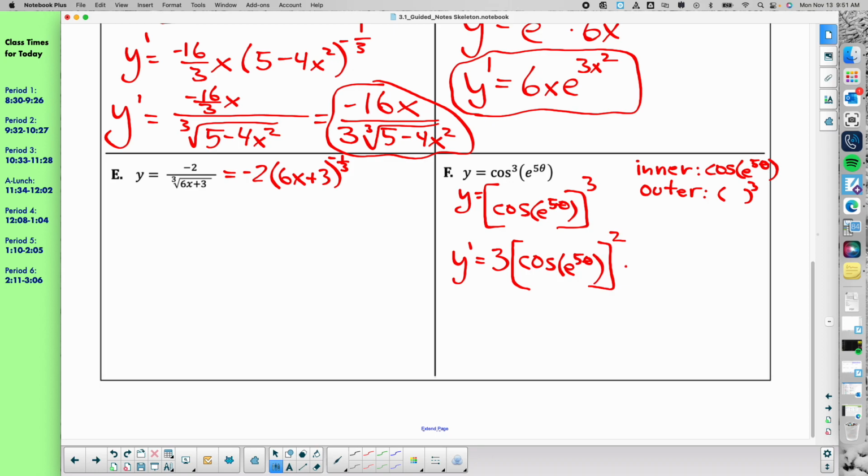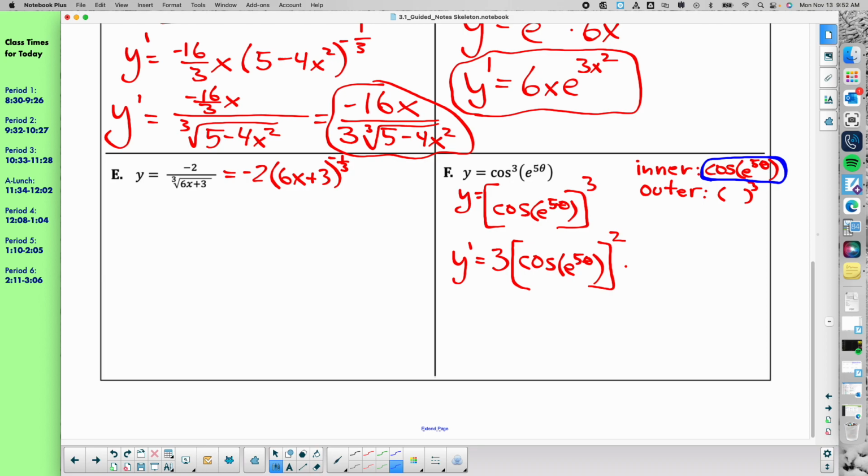Okay, now we've got the derivative of cosine e to the 5 theta. Oh dear. So cosine e to the 5 theta absolutely has an inner and an outer piece of information. So I am going to take this and start my own chain rule to find this derivative.